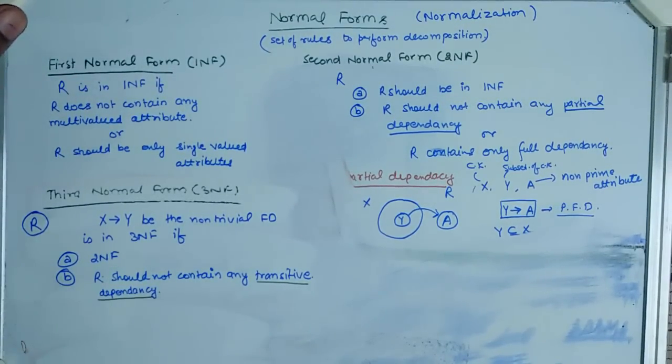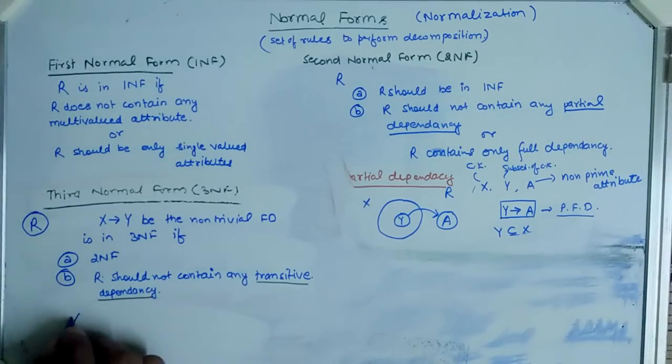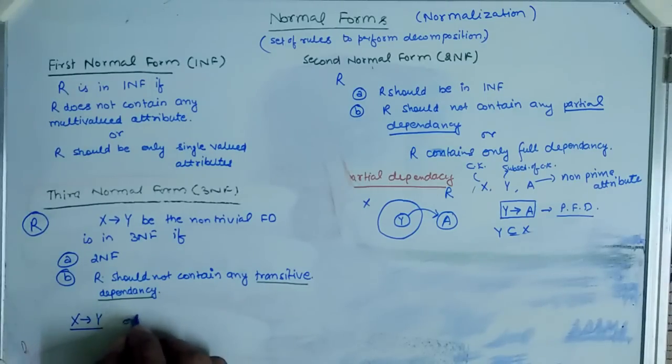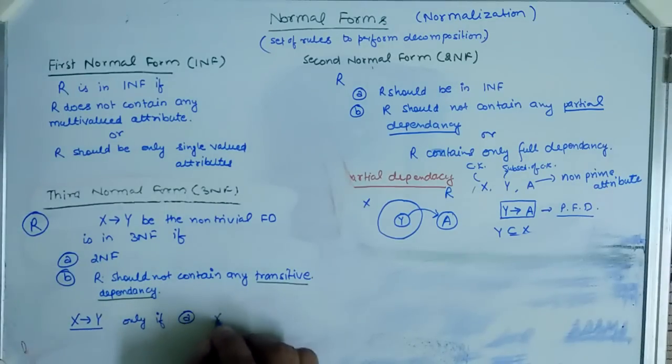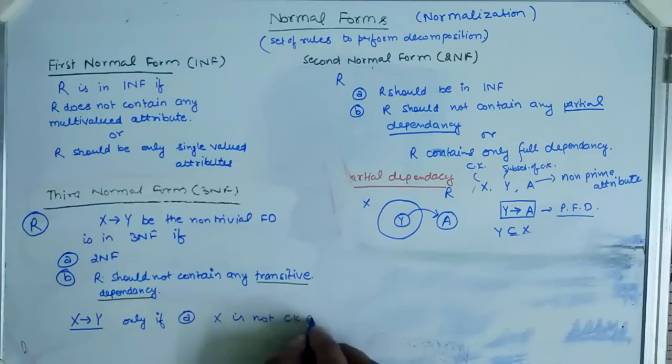The definition of transitive dependency is this: X tends to Y is a transitive dependency only if X is not a candidate key or super key and Y is not a prime attribute.